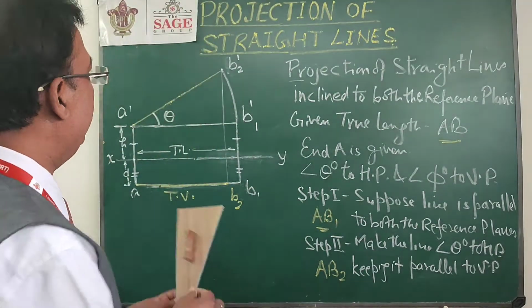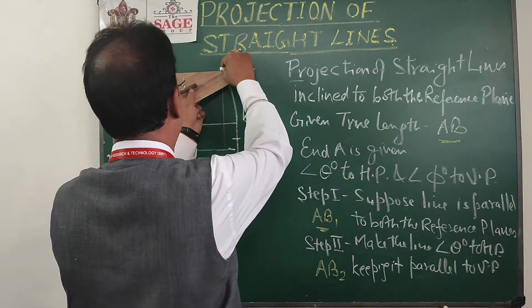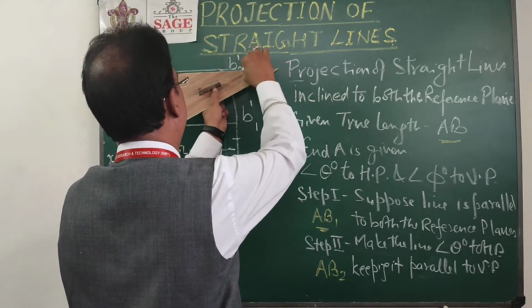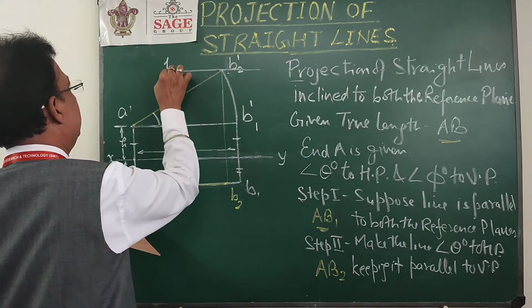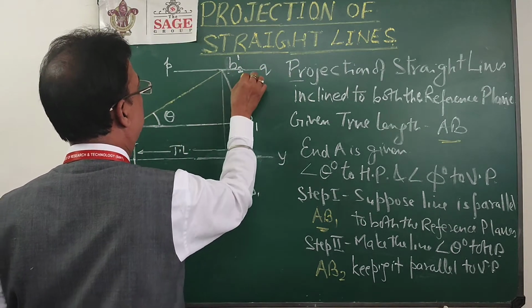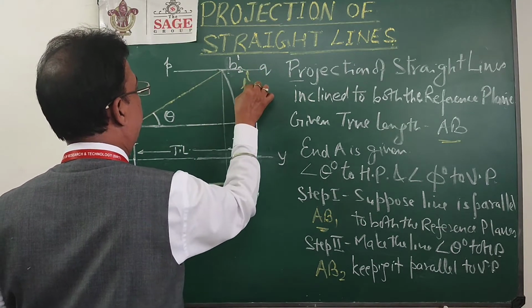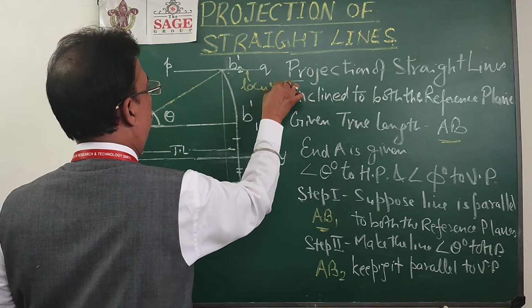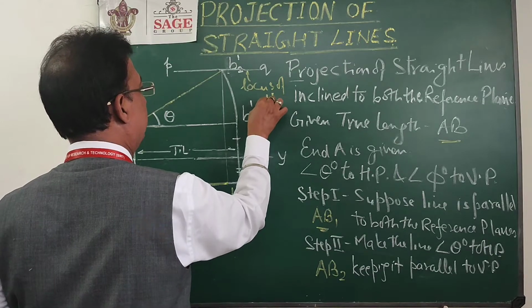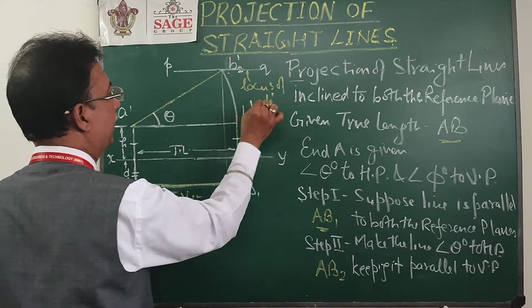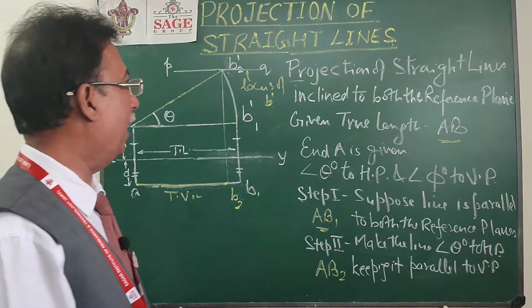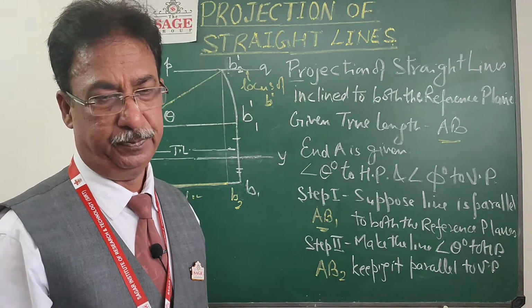It means if I draw a locus line from this point like this, a line parallel to the reference line, then this line will be the locus of our point B dash. So from this second step I got two things. One will be the length of top view, second will be the locus of B dash. So I think my half problem will be solved.